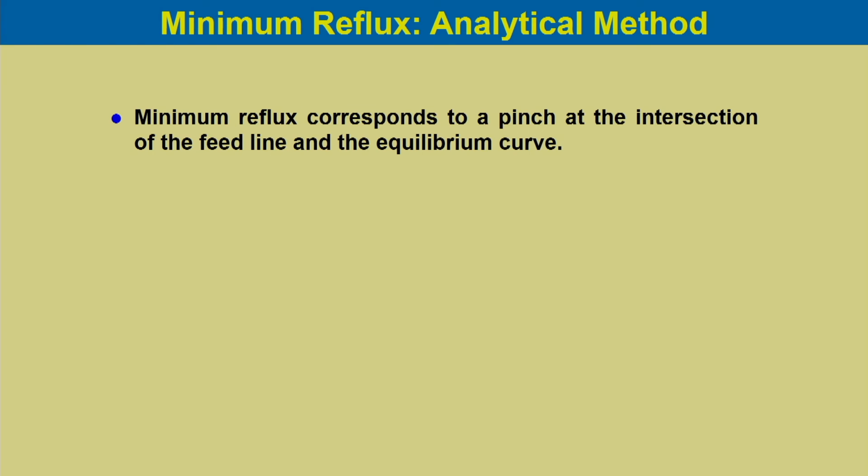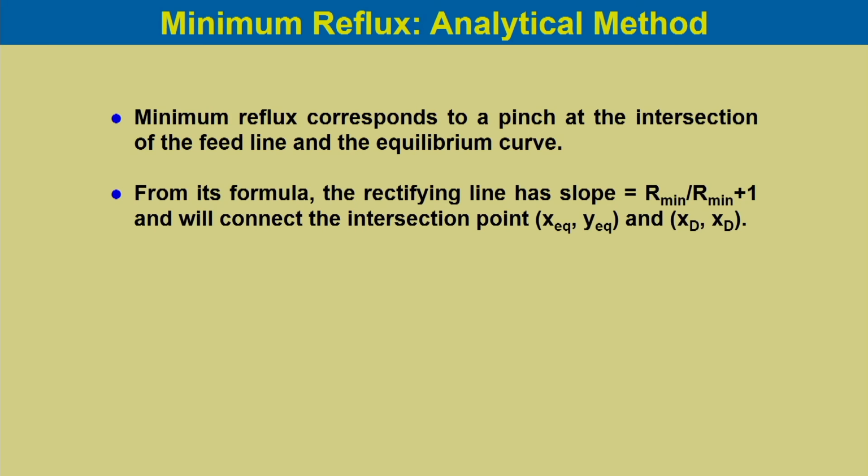Minimum reflux corresponds to a pinch point at the intersection of the feed line and the equilibrium curve. From its formula, the rectifying line has the slope Rmin by Rmin plus 1 and will connect the intersection point of x equilibrium, y equilibrium, and xd, as we already discussed.